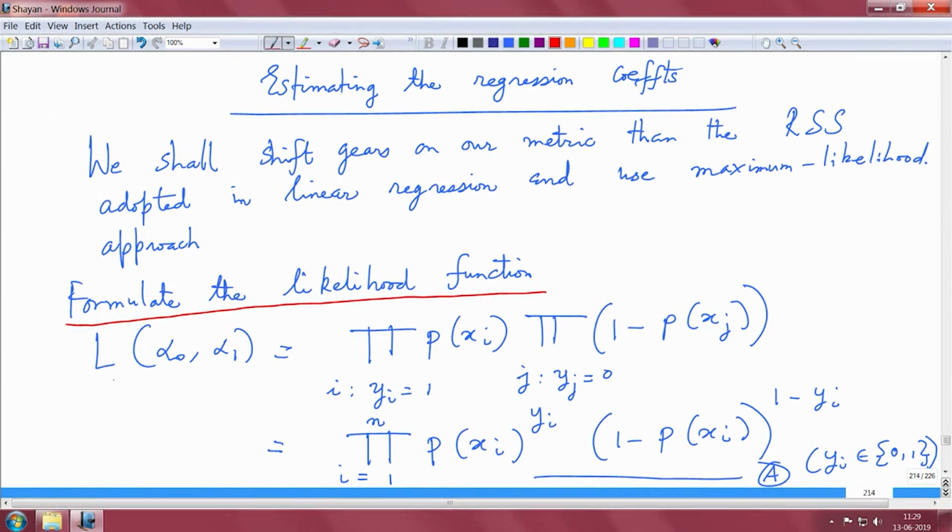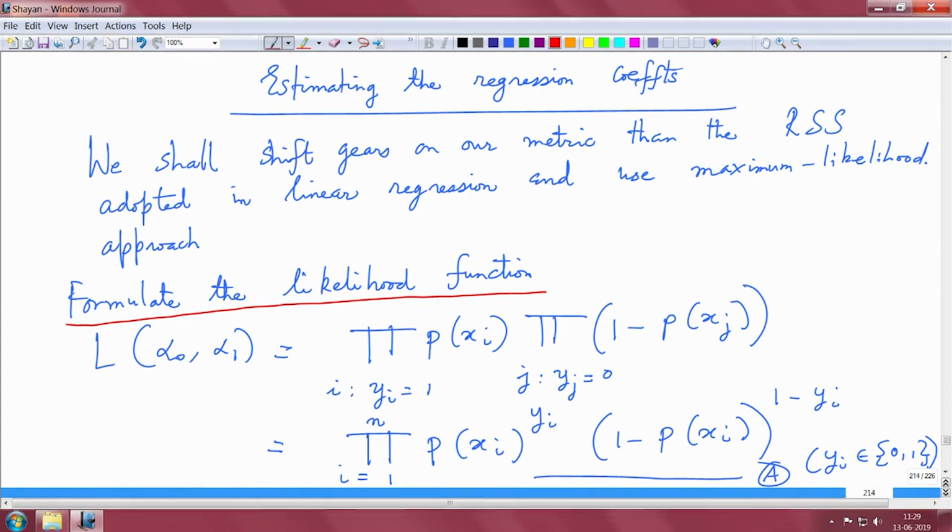Capital L stands for this likelihood function. L of alpha naught, alpha 1 is the product of all p of xi where yi equals 1, times the product of all 1 minus p of xj where yj takes a value 0.